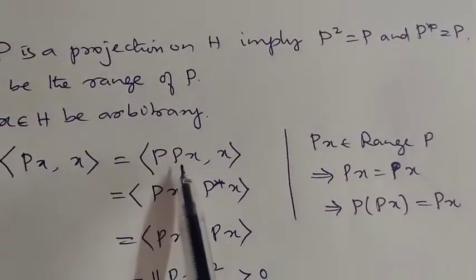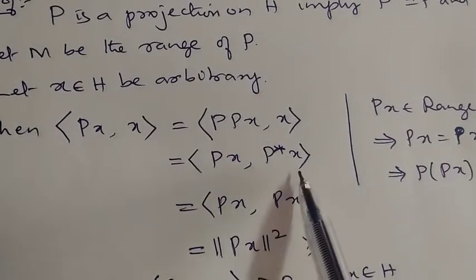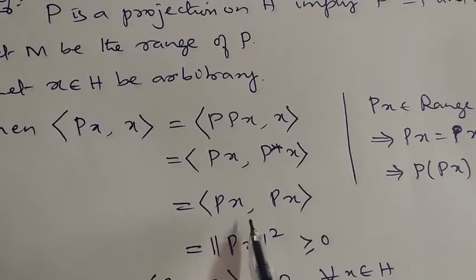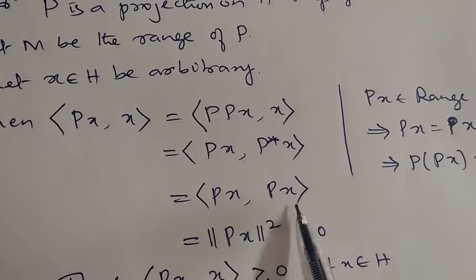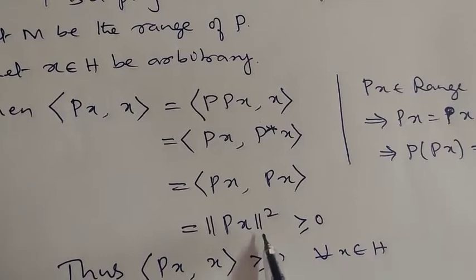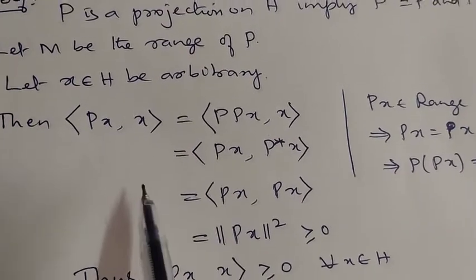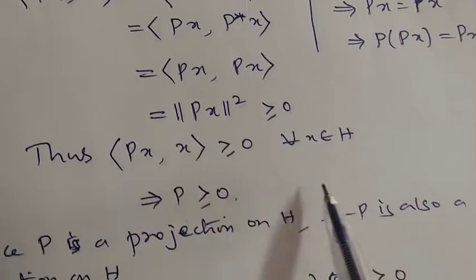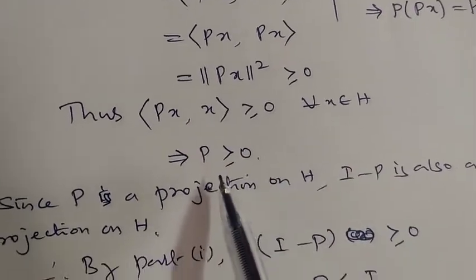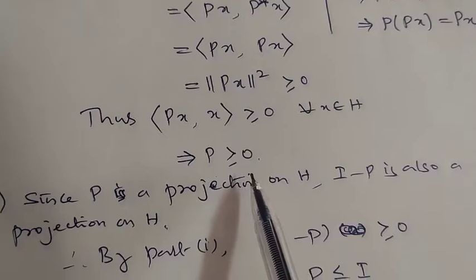So P of x comma P star of x is equal to P of x comma P of x, which is norm of P of x whole square. But a norm is always non-negative, thus P of x comma P of x is non-negative for every x, meaning you can declare that P itself is non-negative.